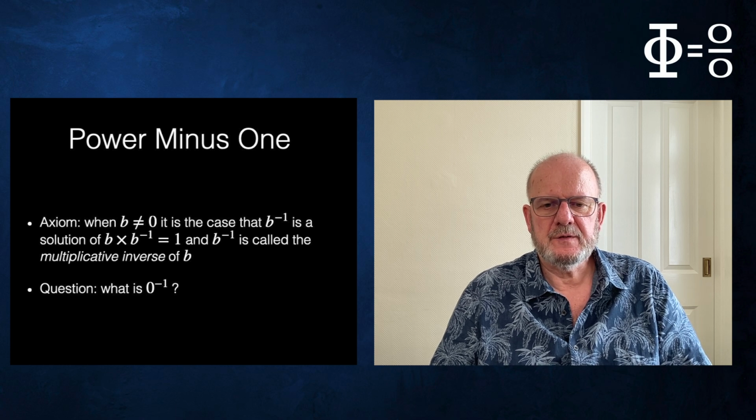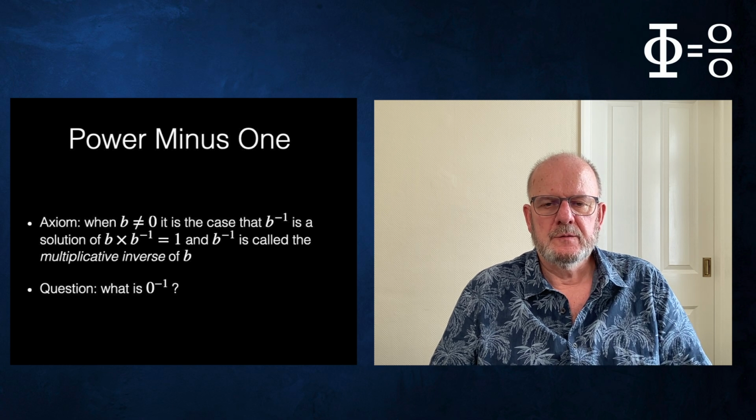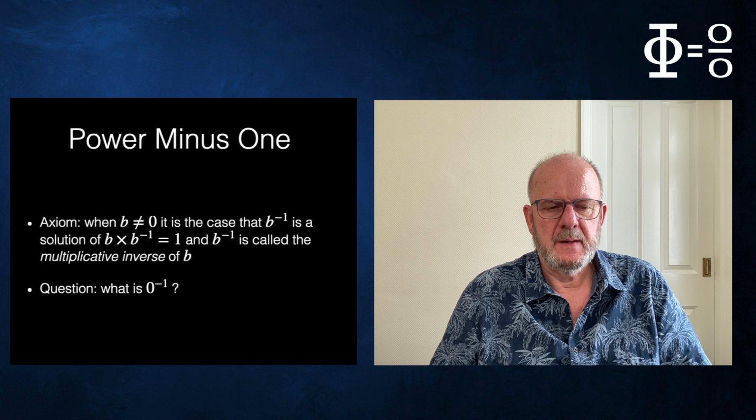When b is not equal to 0, it's the case that b to the power minus 1 is a solution of b times b to the power minus 1 equals 1, in which case b to the power minus 1 is called the multiplicative inverse of b. So my question is, what is 0 to the power minus 1? If you don't know, then you have misunderstood logic.